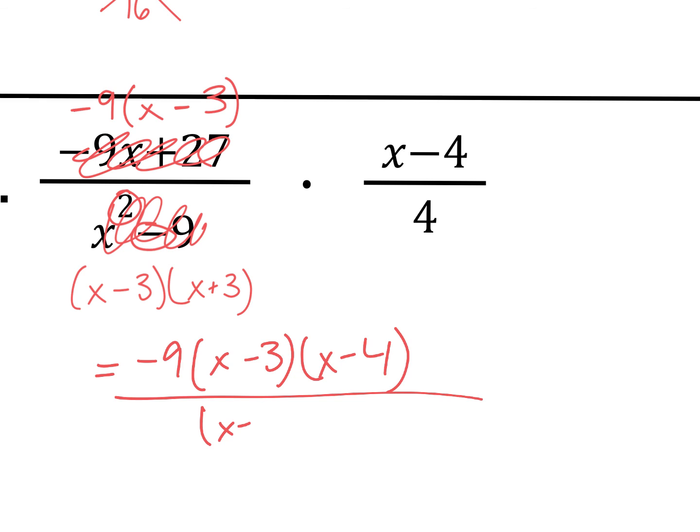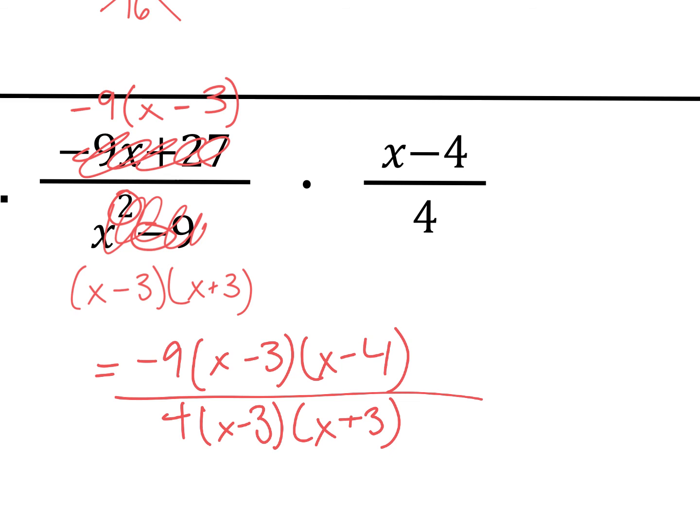We have an x minus 3, an x plus 3, and a 4 in the front. Okay, so we'll look. I got 2 monomial terms this time, so I look. Can negative 9 over 4 be simplified? I don't think so, so I'm going to leave those alone, okay?